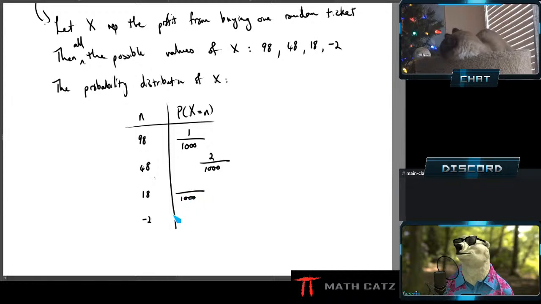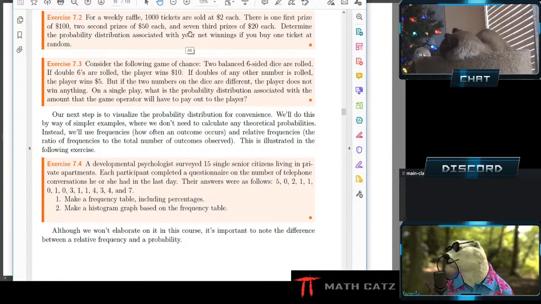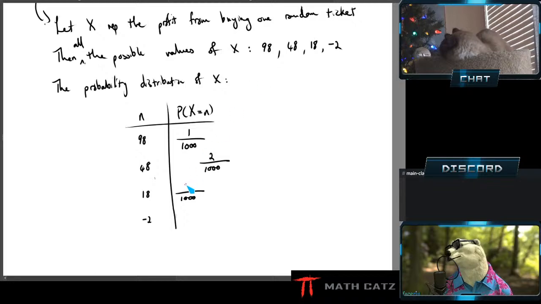Out of 1,000 tickets, I'm going to have to buy one of the 7. That would give me that. And then I see, well, I have accounted for 10 winning tickets. So there are, out of the 1,000, 990 losing tickets.